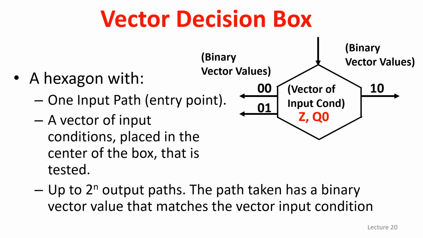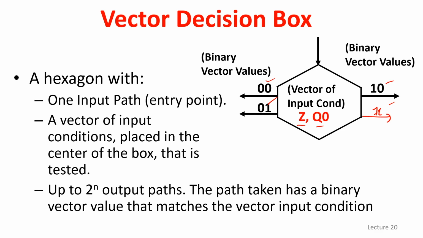Here there are two things, Z and Q 0. Because there are 2 bits, there are 4 conditions: 0 0, 0 1, 1 0 and 1 1, and for every condition we need to specify what happens. In general, vector decision boxes are hexagons, and we need to specify all combinations of these input decision variables.